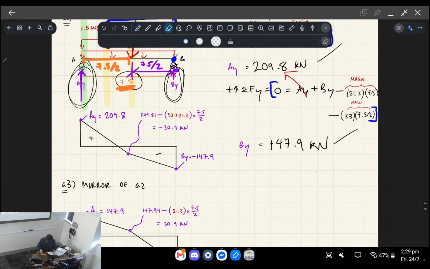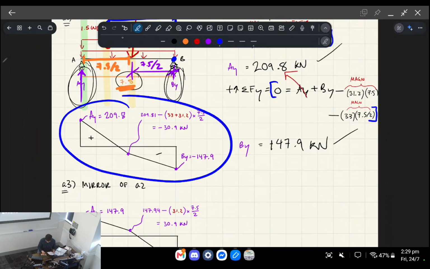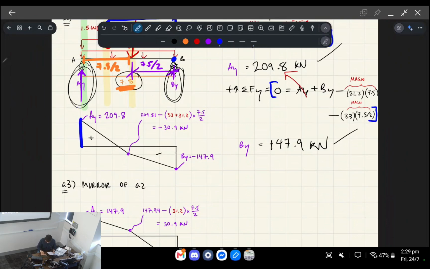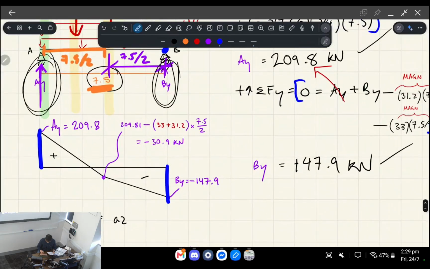Cool. So this is going to help us draw our shear force diagram. However, we only know this point and this point. What we need to do is figure out the point in the middle of our beam in terms of this shear force distribution. How do we find that?